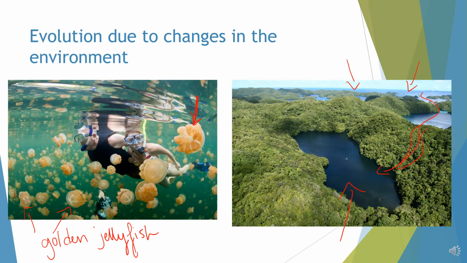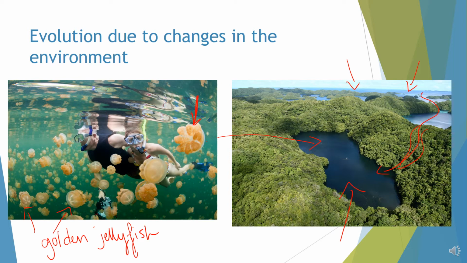And so what has occurred, it's a mechanism to get rid of predators, like to deter predators, right? So as they've become enclosed, the jellies have become enclosed in this lake here, they're isolated from their predators. So their predators can't get in through these like tunnels that have formed.